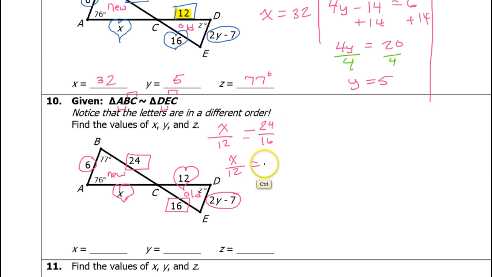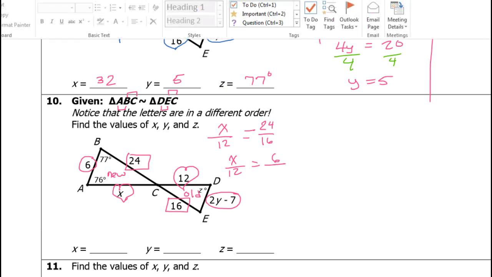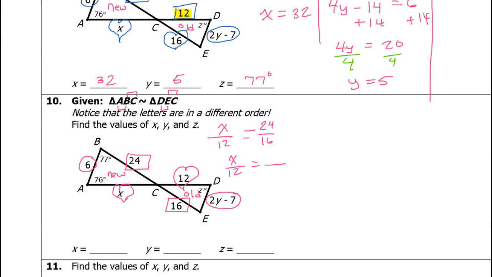These are both divisible by 8, so this is going to be 3 over 2. And then I will cross multiply. So this will give me 2x from this diagonal is equal to 36 from this diagonal. If I divide both sides by 2, I'm going to get x equals 18. All right, so x is 18.